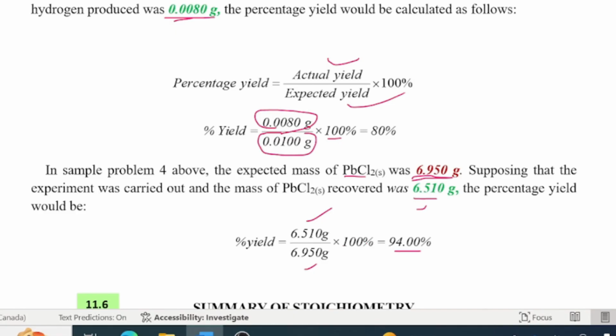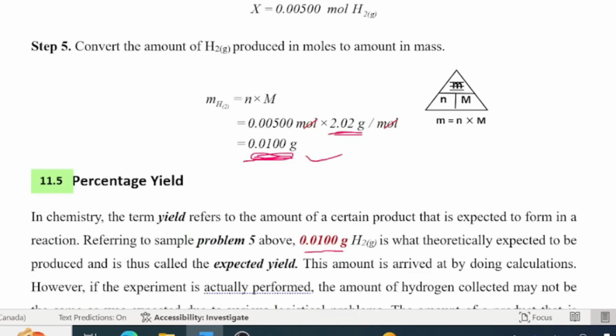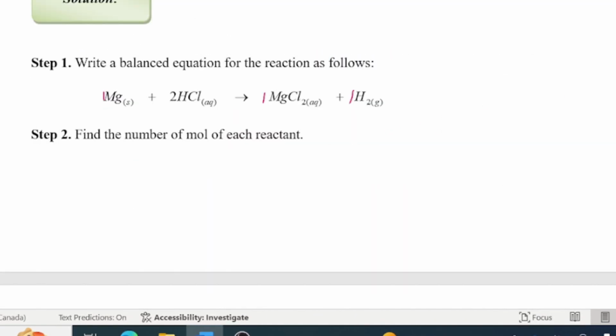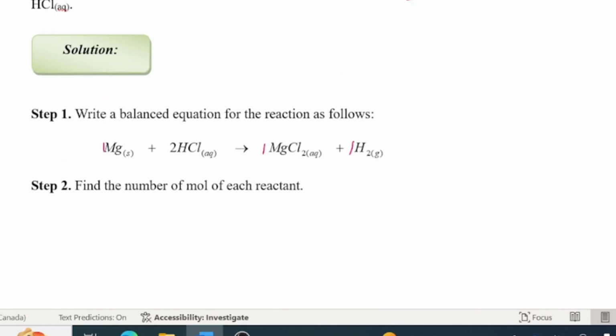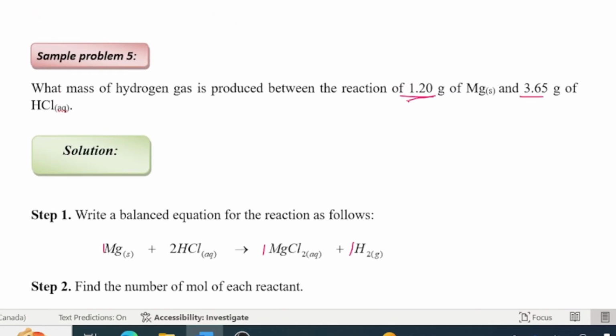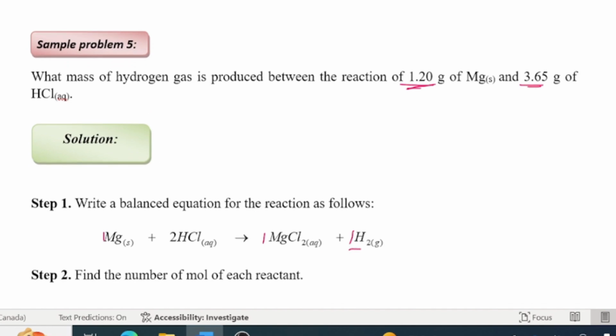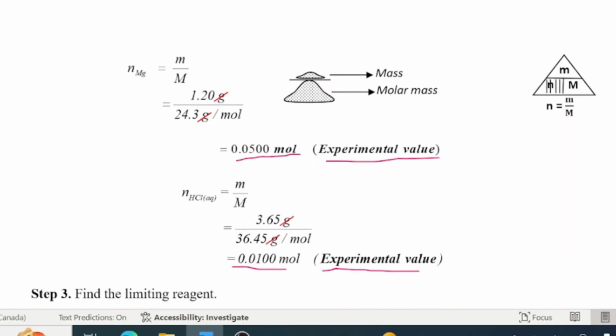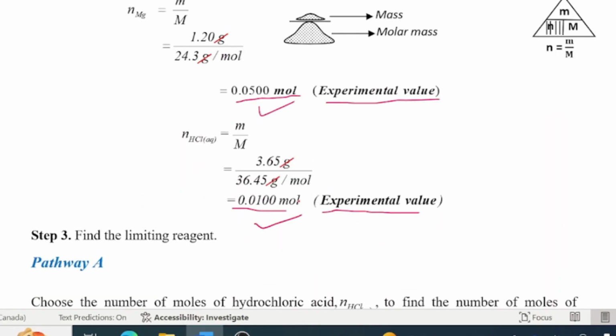If you look at this problem before here, you're having a certain mass of magnesium reacting with a certain mass of HCl, and you're asked to find the mass of hydrogen that is produced. What did we do? First of all, you find the number of moles of each, and you call these the experimental values. Right?